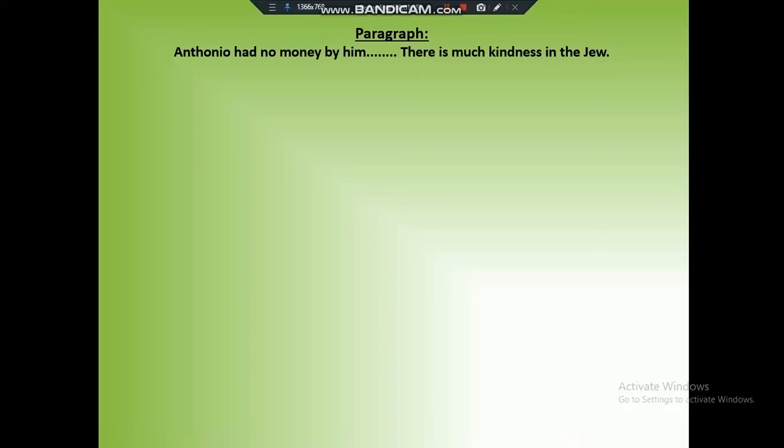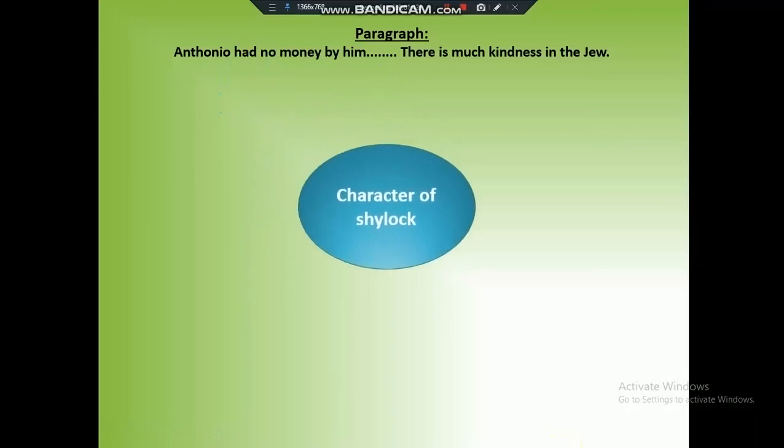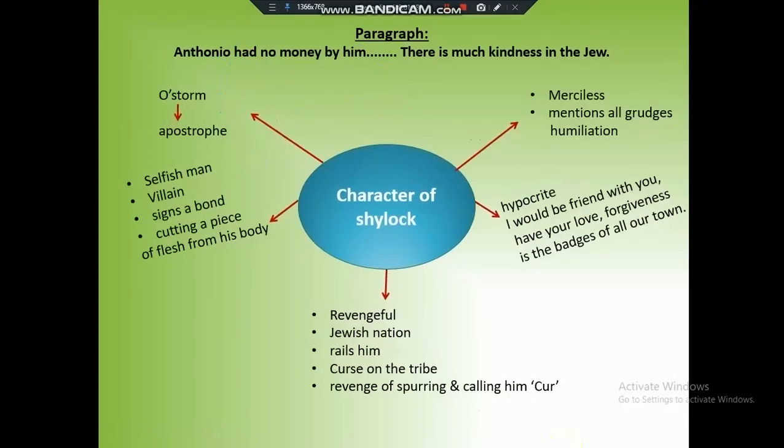Let me explain now. The paragraph tells in detail about the character of Shylock. Look here. First of all, O storm. It is an apostrophe. You have already read about that.